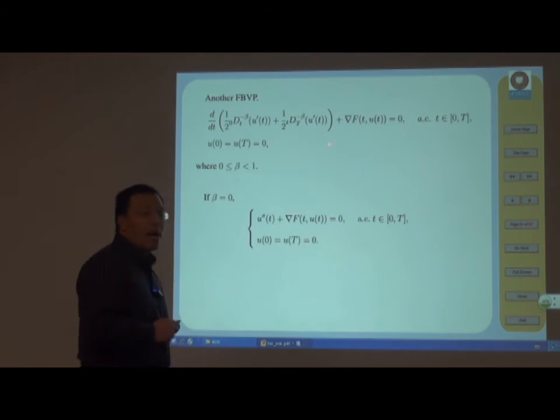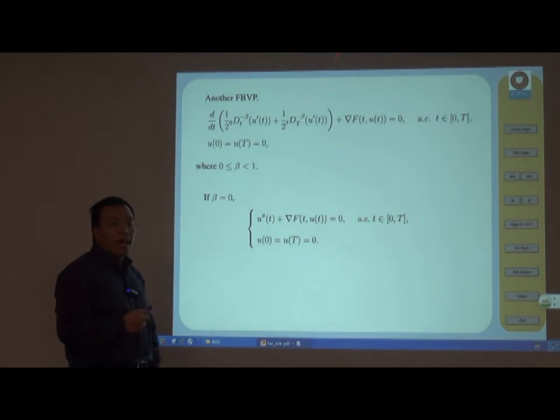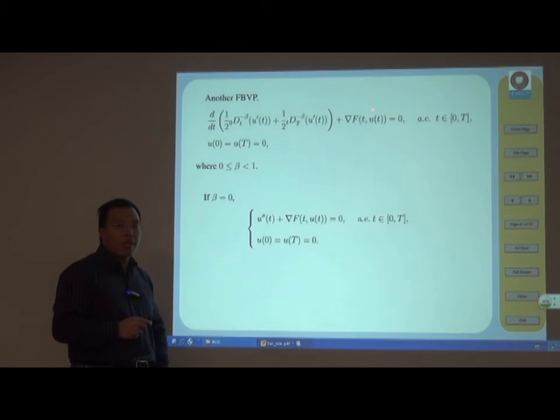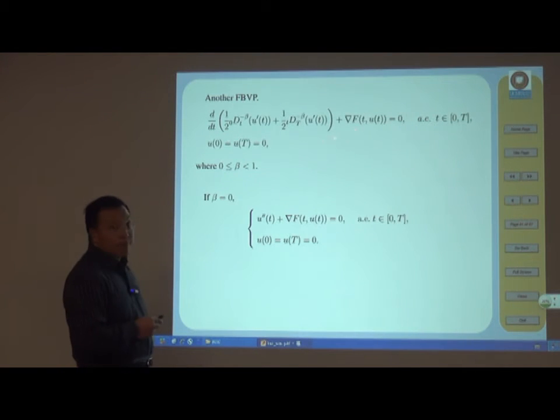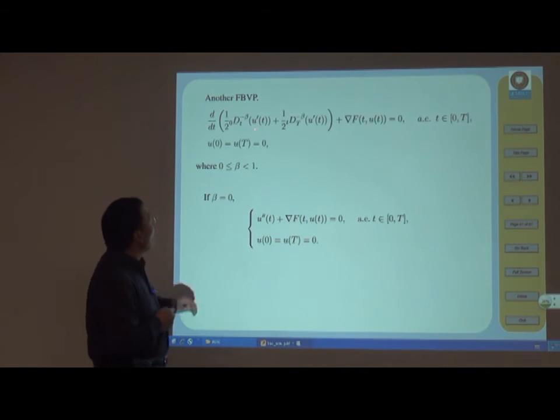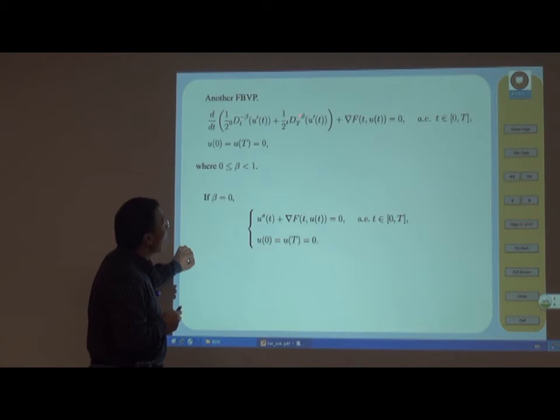Another FBVP can be studied with the critical point theory, as this. And it is also a composition. You will find that the order of this equation is 1 minus beta and 1.